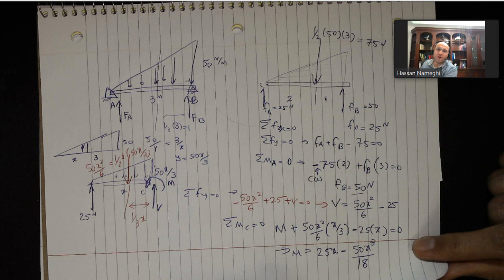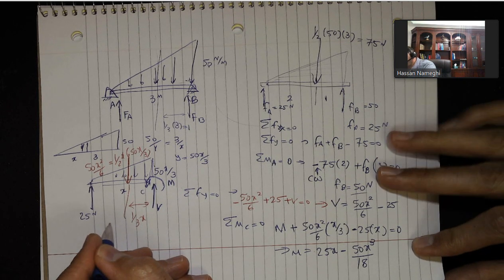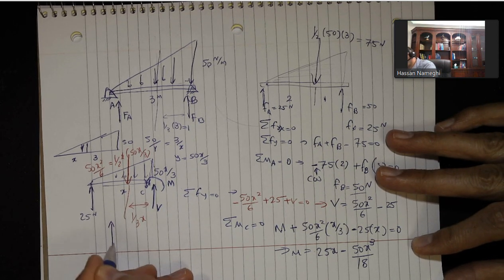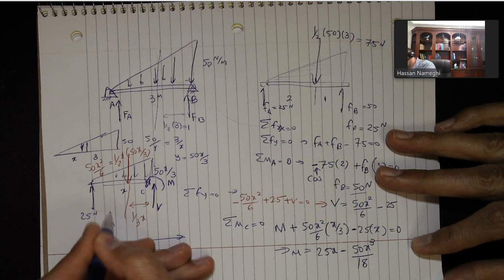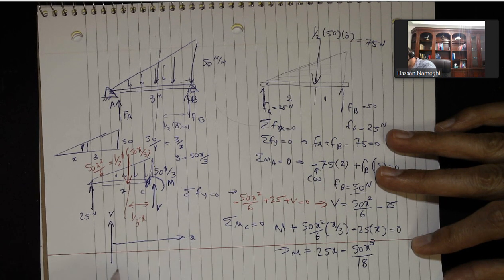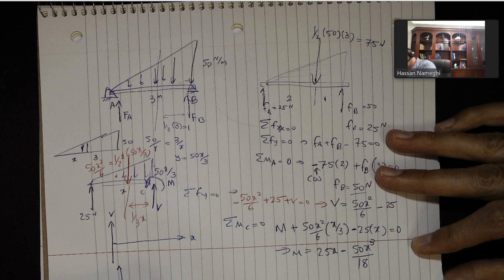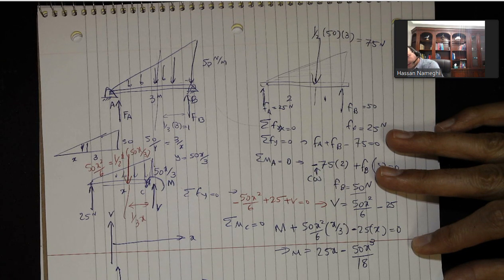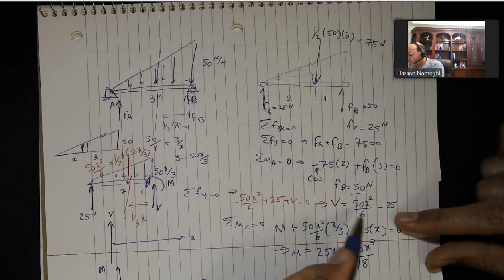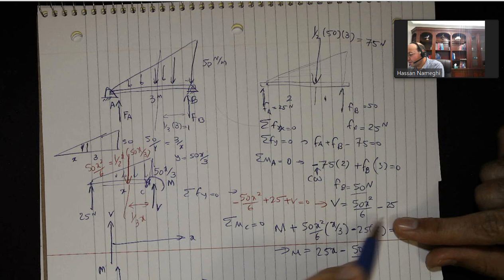So it's time to draw them. To draw them, I'm going to have the equation for V and x, and next one for M and x. So 50x squared divided by 6 minus 25.